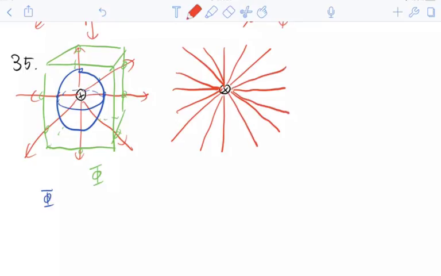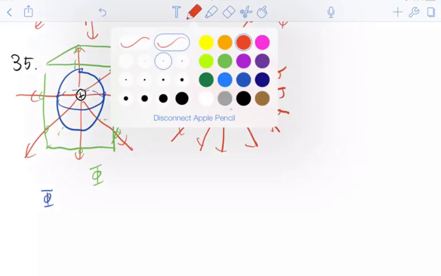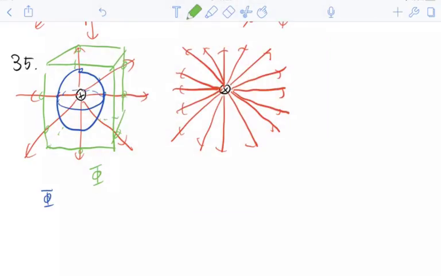Here are my electric field lines. Okay, cool. So we're talking about a rectangle, a square, sorry, centered on the axis. Like that. Okay.